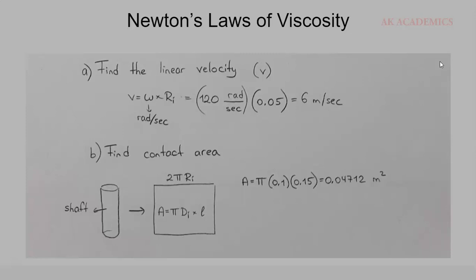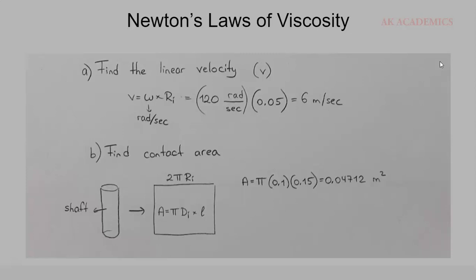The radius of the shaft is going to be 0.05 because the diameter of the shaft in the question is given as 100 millimeters. The radius will therefore be equal to 100 over 2, and that gives us 50 millimeters. To find the radius in meters, it becomes 50 millimeters divided by 1000. If you do that, you would obtain 0.05 as the radius.